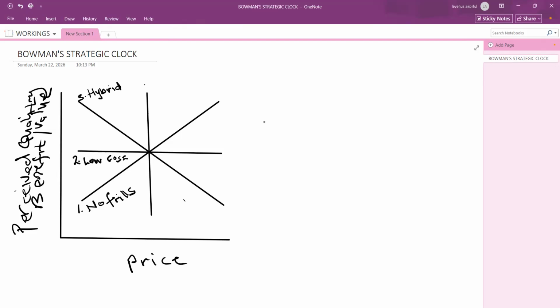Now, number four here is called differentiation. And point five here is called focused differentiation.